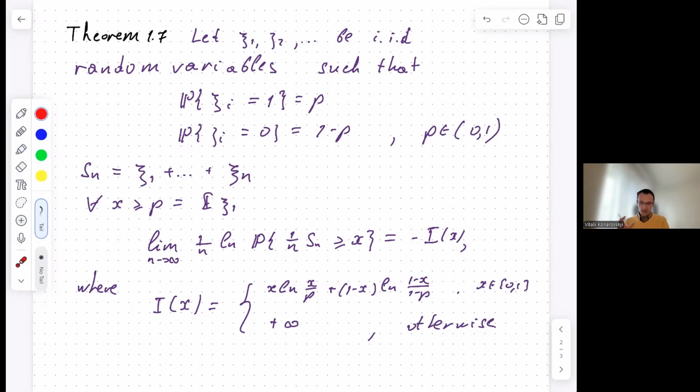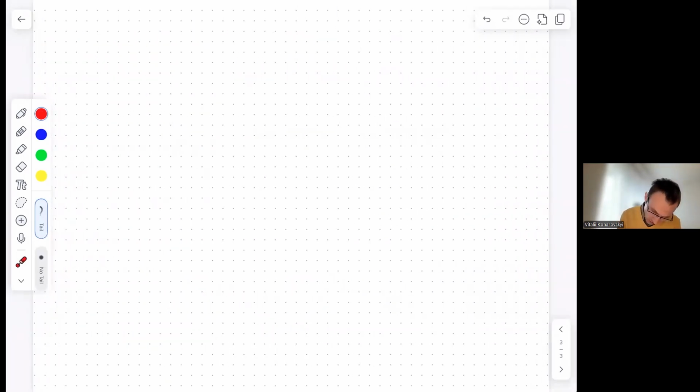And to give you the idea how we can obtain this function when the distribution of Xi is given, I would like to start with the following simple computations, which we will do in the first section of our lecture.